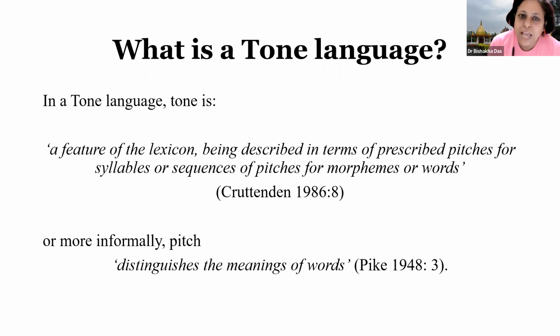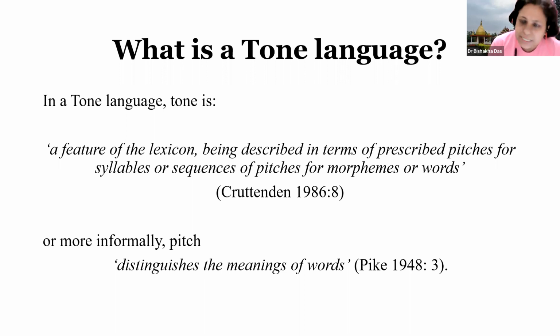And if we have sequences of pitches for morphemes or words, let me give you an example of Mandarin. Fan chang: fan is a high rising pitch, and chang is a low dipping pitch, falling and rising. So fan chang is a sequence of pitches for two syllables of a word.